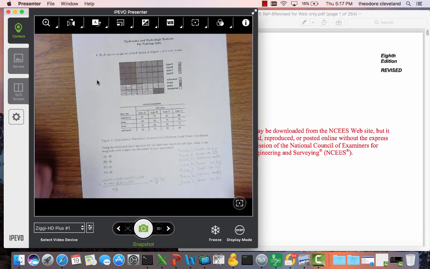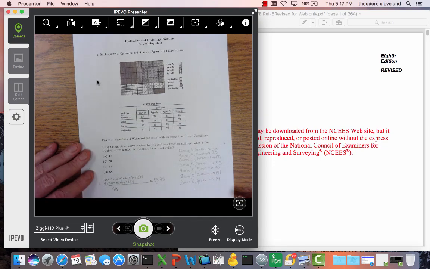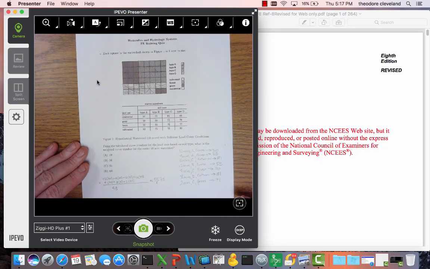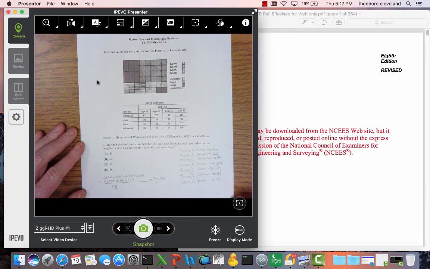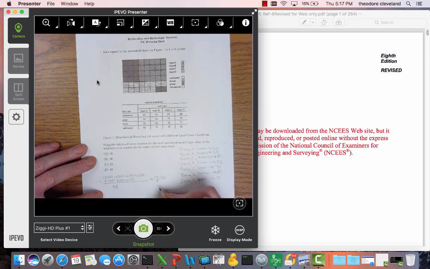And by convention, curve numbers are always reported in whole integers, meaning the fractional part is ignored. So we can either round down or round up. If we round up, we get 56, which is closest to B.